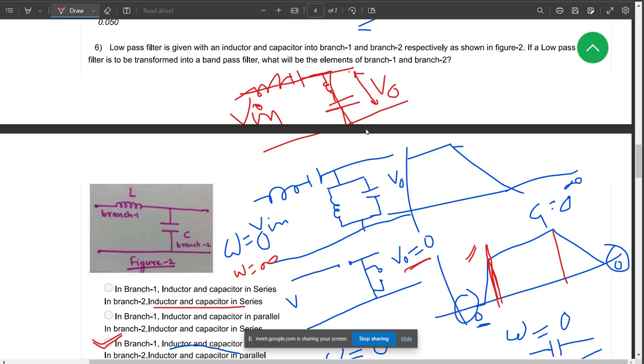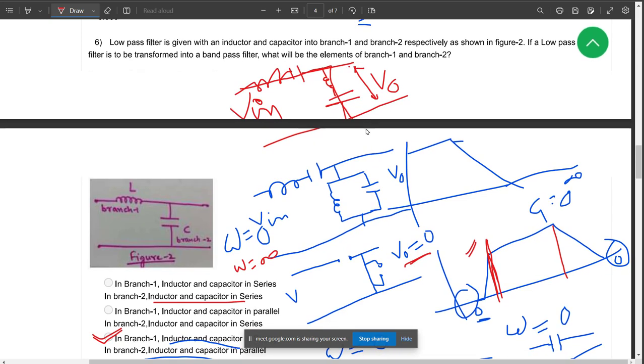Yes, got it? Any doubt? So yes, you are right. Yes, he is right. So this is what is happening.